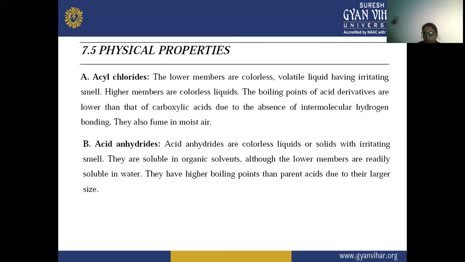They have a higher boiling point than carboxylic acid due to their larger size. That is why their boiling point is higher than that of the parent acid, or carboxylic acid.